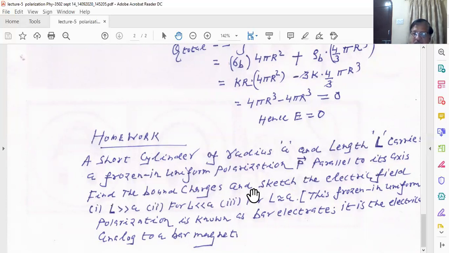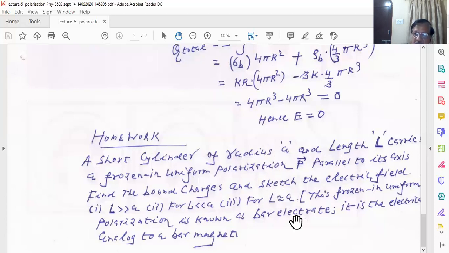Find the bound charges and sketch the electric field for the cases where, case number 1, the length of the cylinder is very much greater than the radius a; number 2, the length of the cylinder is very much smaller than the radius; and number 3, the length of the cylinder is of the order of the radius.